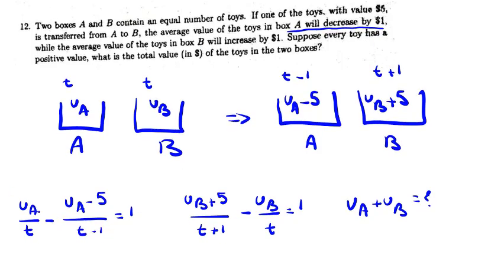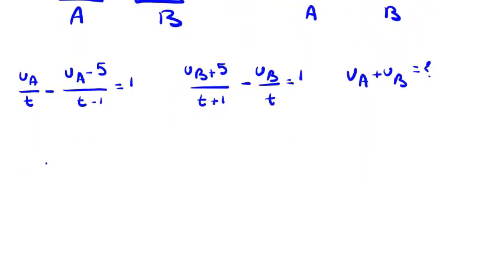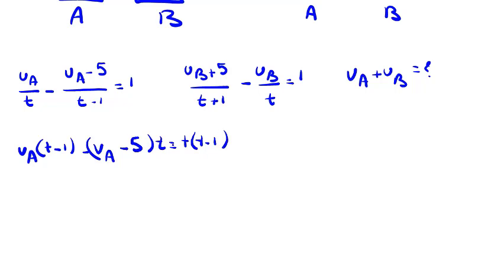Okay, so let's simplify the first equality. If we multiply by T times T minus 1, then we have VA times T minus 1 minus VA minus 5 times T equals T times T minus 1. Then let's see what we can do. We have VAT here, negative, you can cancel them.